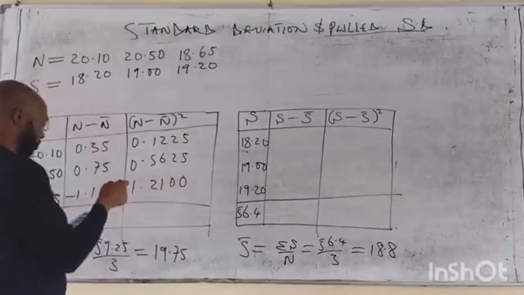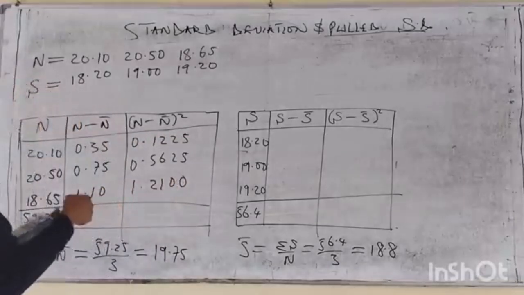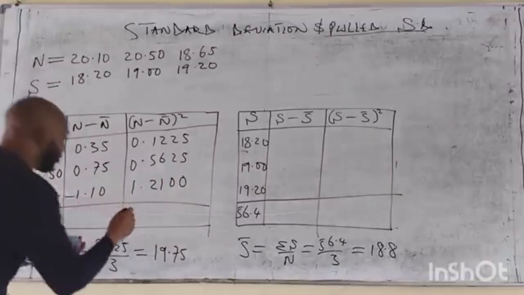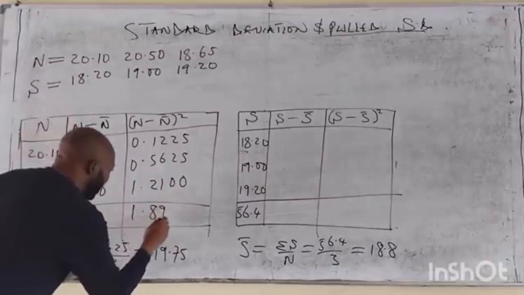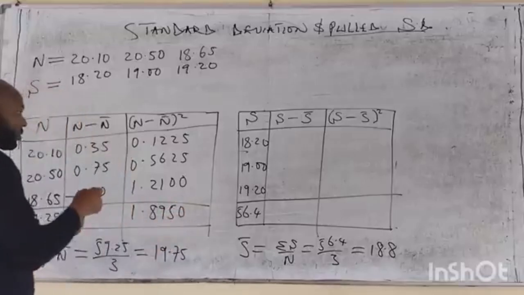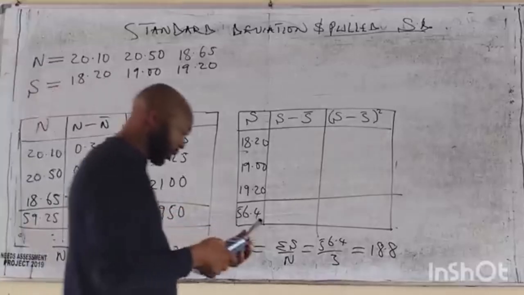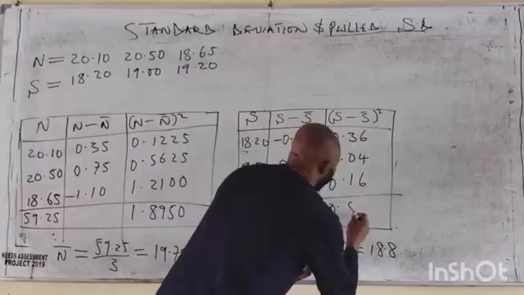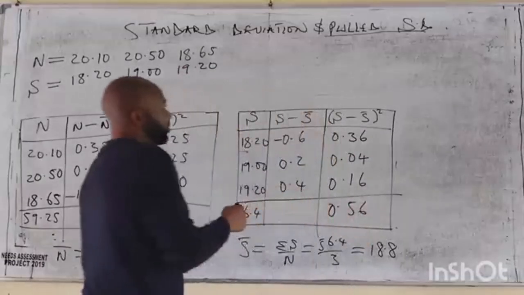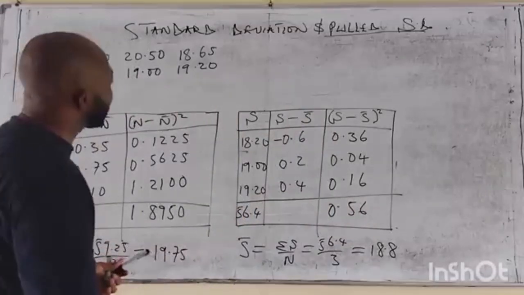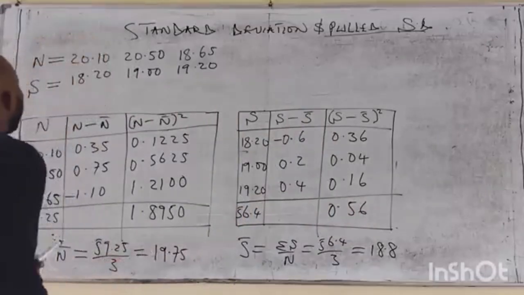So we sum them up, and the summation of that will give us 1.895. The same thing goes this way, giving 0.56. Now we've gotten these variables, so we have to bring in our pooled standard deviation.